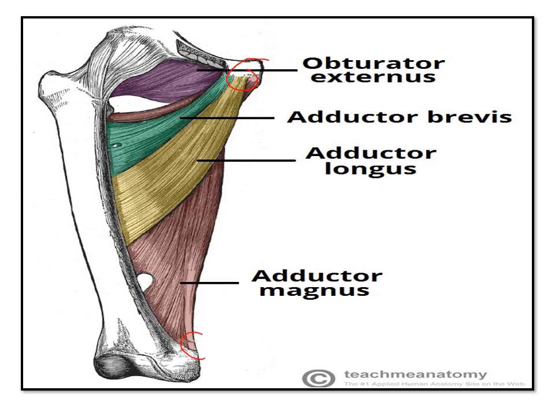So it inserts at the adductor tubercle of the femur. So this part that you are seeing here at the adductor tubercle is the hamstring portion, and this part that you are seeing here tends to be the adductor part. The adductor part inserts at the linea aspera and the gluteal tuberosity of the femur.